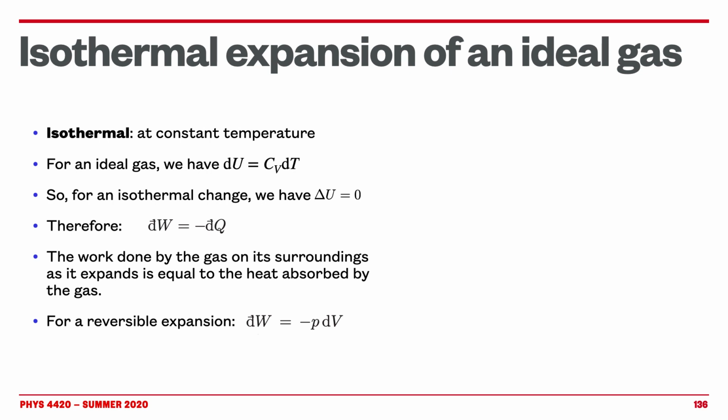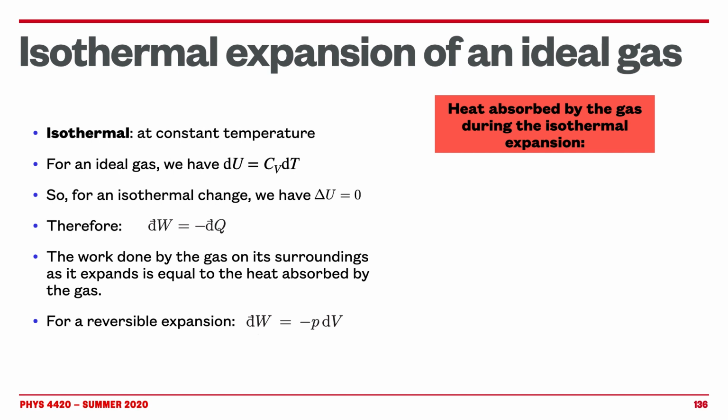So let's try to calculate that heat. Let's calculate the heat absorbed by the gas during the isothermal expansion. So we suppose it's an expansion. Basically, the system is doing work, so the change in work will be negative. That means that the system has to get energy from somewhere, since its total energy is constant, right?